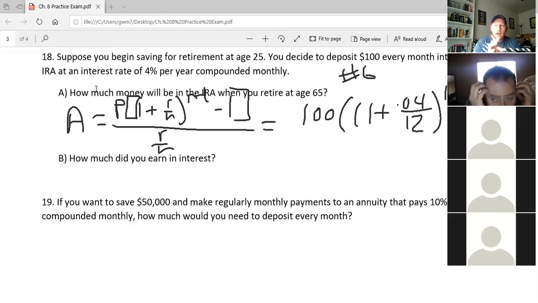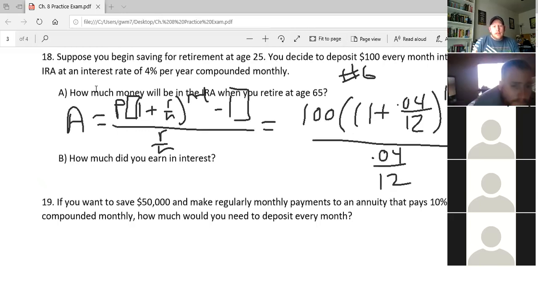So that's 12 times. And the number of years, well, if you start at 25 and you end at 65, that's 40 years. Minus 1, all over r over n. When I plug that into the calculator, I'll tell you, I've had students email about plugging this into the calculator.